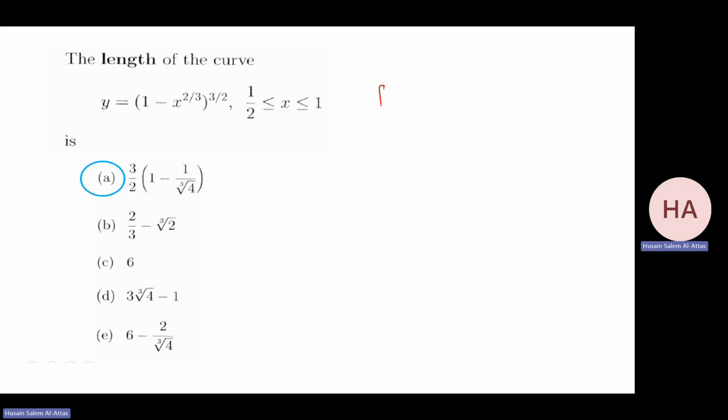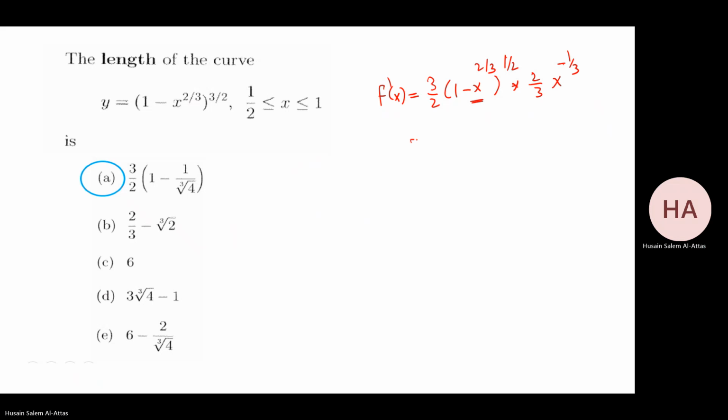So what will be f prime? Be careful. That will be 3 over 2, 1 minus x to the power 2 over 3, to the power half. Derivative of this, which is 2 over 3, x to the power minus 1 over 3. Yeah, something like this.